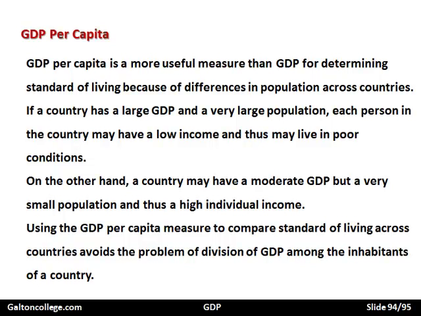On the other hand, a country may have a moderate GDP, but a very small population that have a high individual income. Small countries, Monaco, or Luxembourg. They've got small populations, but they've got relatively high standards of living.